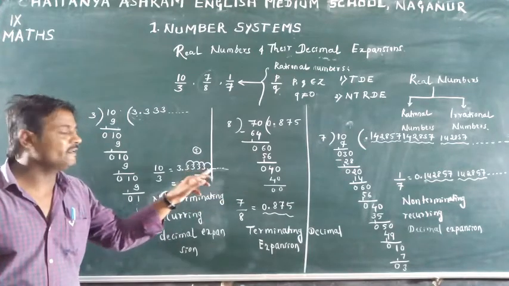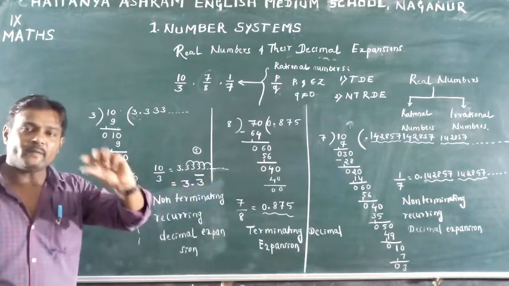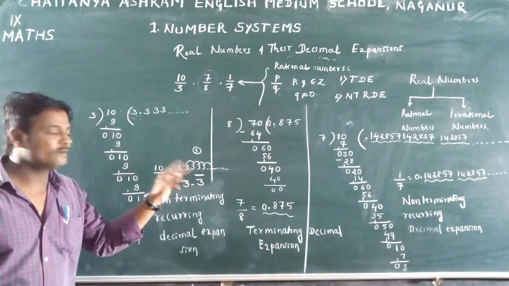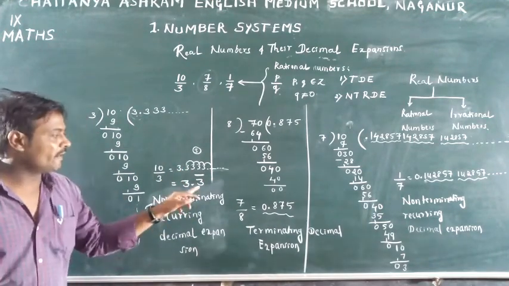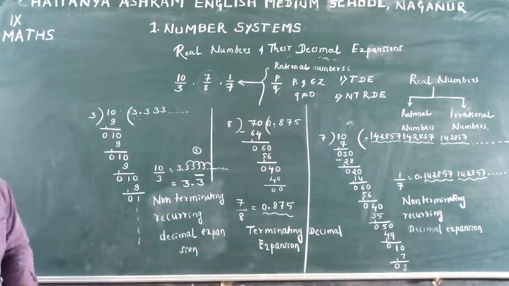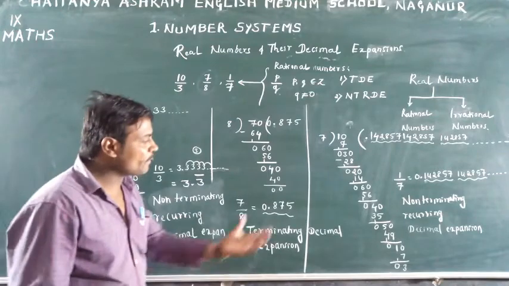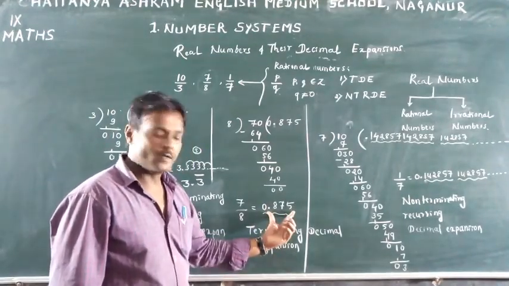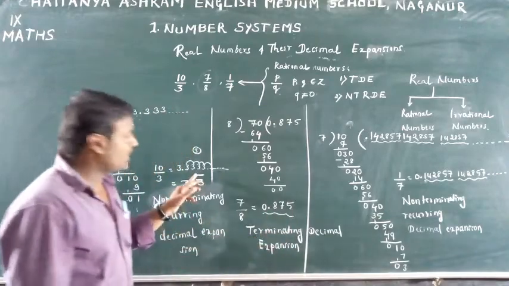Instead of writing 3333, just write bar over the repeating digit. Which is the repeating digit? Only one, that is 3. So write 3 and write bar over that digit. Clear? And here we cannot use that bar because this is terminating and there are no digits repeating. So don't use the bar here.